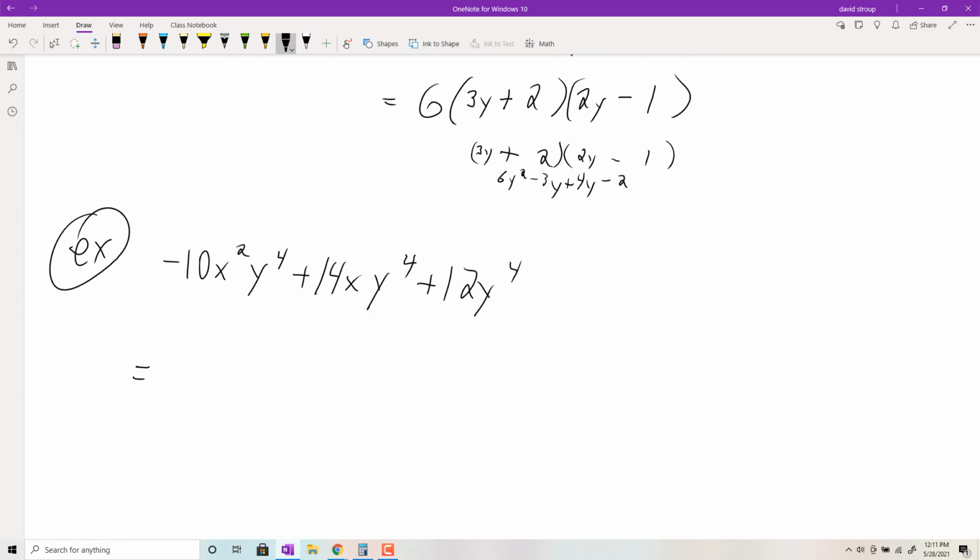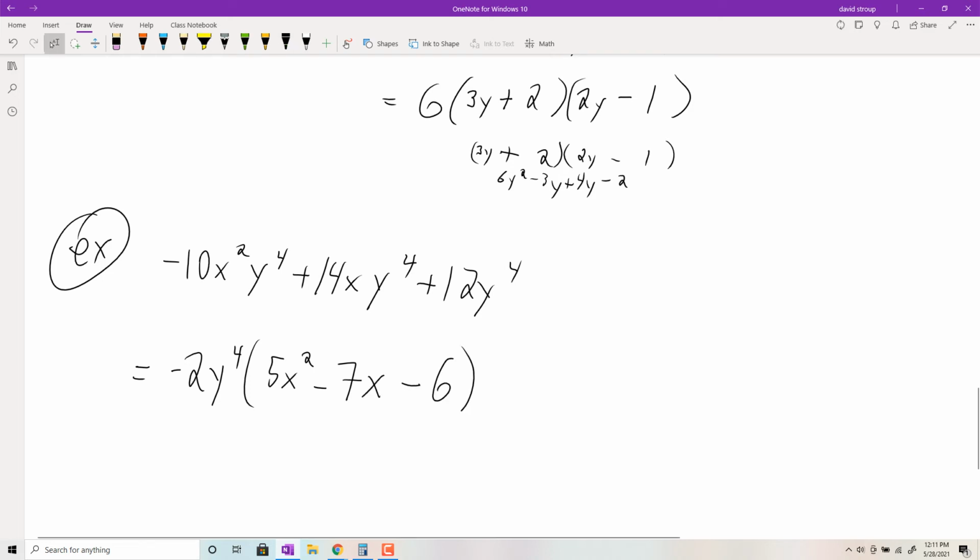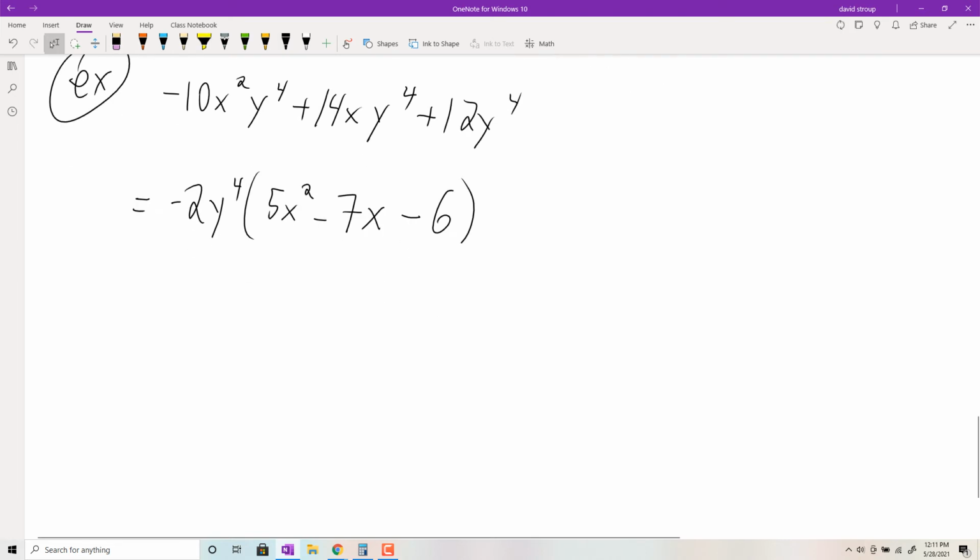Looks like 2 goes into everything, so negative 2. And then I can factor out a y to the 4th. And then I think that's it. Okay. So this would be 5x squared. You have to flip the signs on all these. So minus 7x, and then minus 6. That's it.